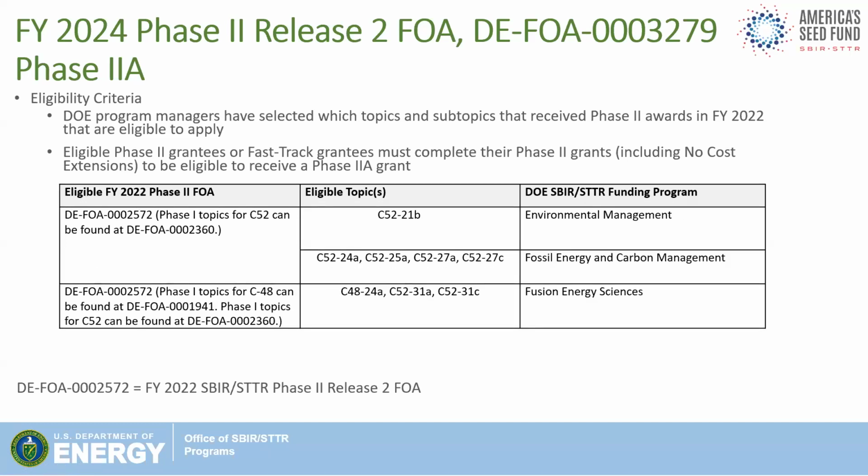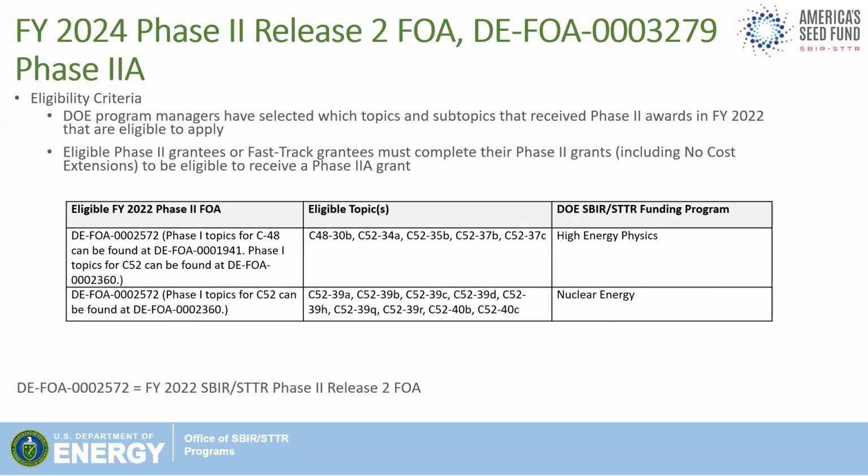This is just the specific topics that were eligible for phase 2A from the different program offices. If you know your topic, you can look to see if it's there, but if not, you may need to look at these slides afterwards or look in the funding opportunity announcement.